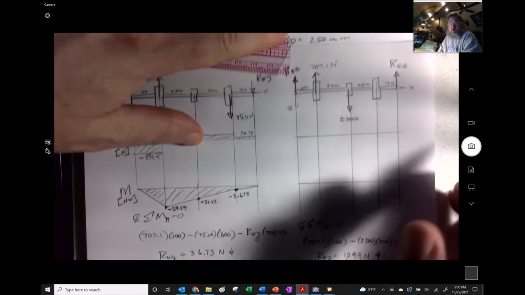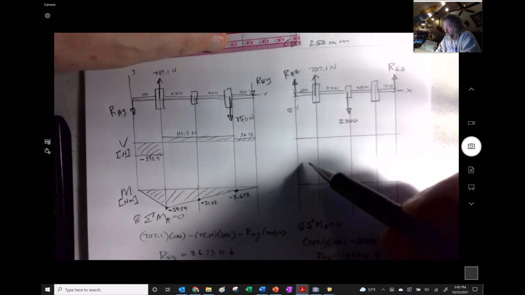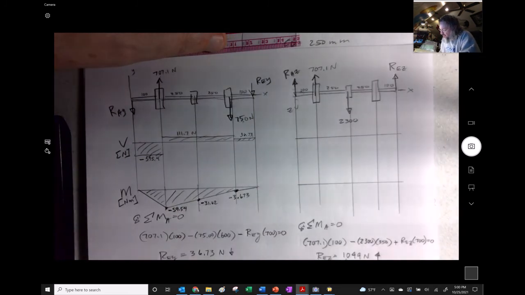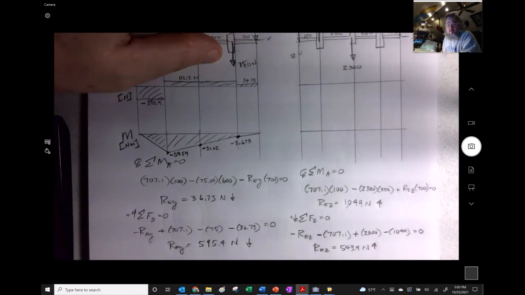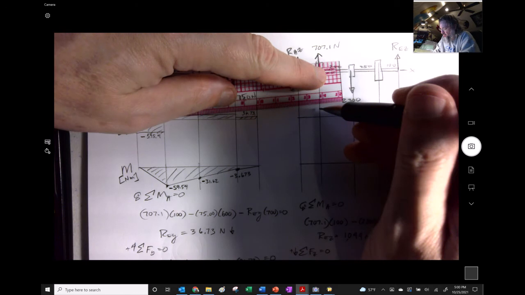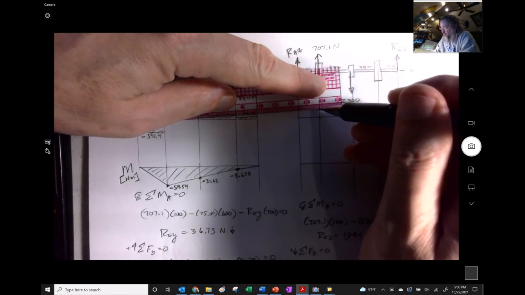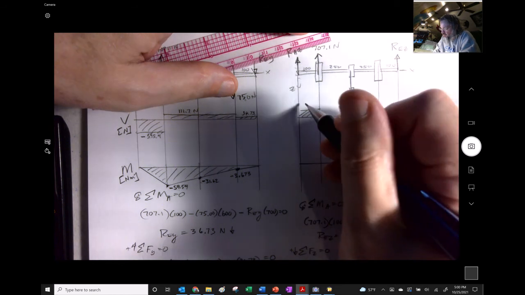Now, onto this guy over here. Let's see. We have RAZ, and RAZ is 543.9. So that's upwards. And it's negative.